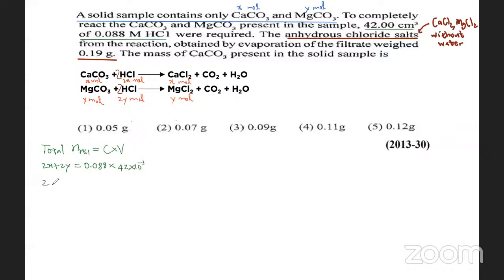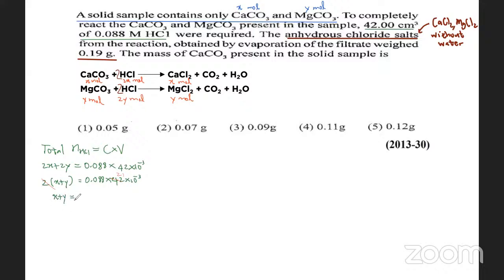Fine. So I think we can take 2 out. It means x plus y here, and here 0.088 into 42 into 10 to the power minus 3. Therefore, you can simplify that 2 with these numbers, and with this you can make it 21 or 0.04, whatever you like. And finally, you will arrive at an equation like this.